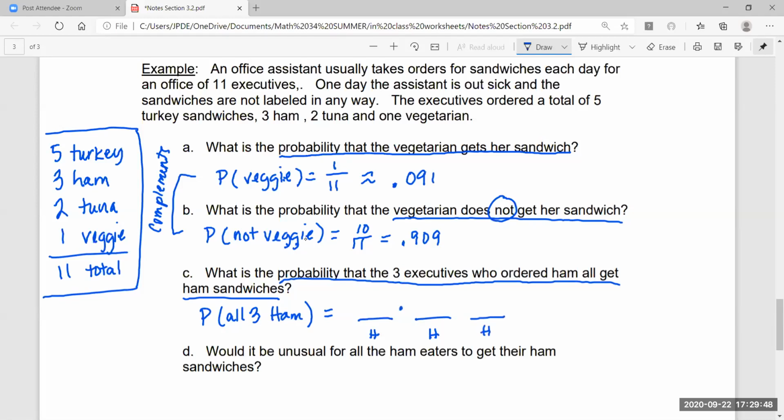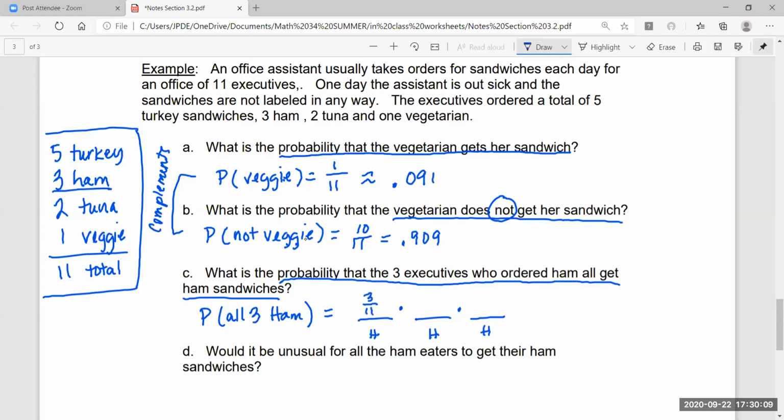And means multiply. When I look at this, I think of the first guy. He walks up to the table, or the first person, I guess we don't know if it's a man or a woman, walks up to the table and he wants a ham sandwich. The chance that he gets a ham sandwich is 3 out of 11.